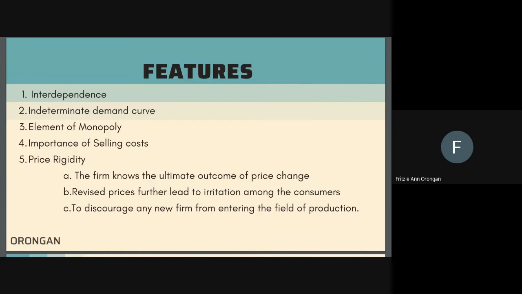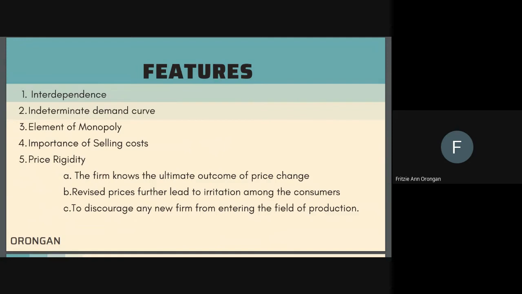Three, element of monopoly. In an oligopoly market where there are only a few firms, a monopoly element may prevail in the market. Each firm controls a large share of the market. Also, there exist some elements of monopoly under oligopolistic situations. Fourth, importance of selling costs.